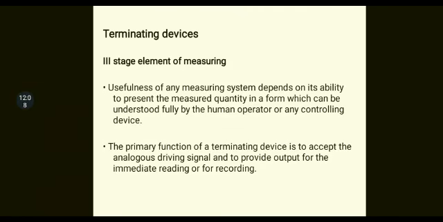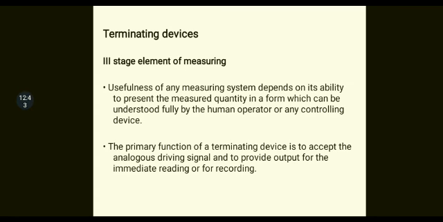In alphanumerical form it will be displayed, or a yes or no form it may display, etc. Okay, then the stage 3 elements are useful for any measuring system, depending on their ability to present the measured quantity in a form which can be understood fully by a human operator or any other controlling device.